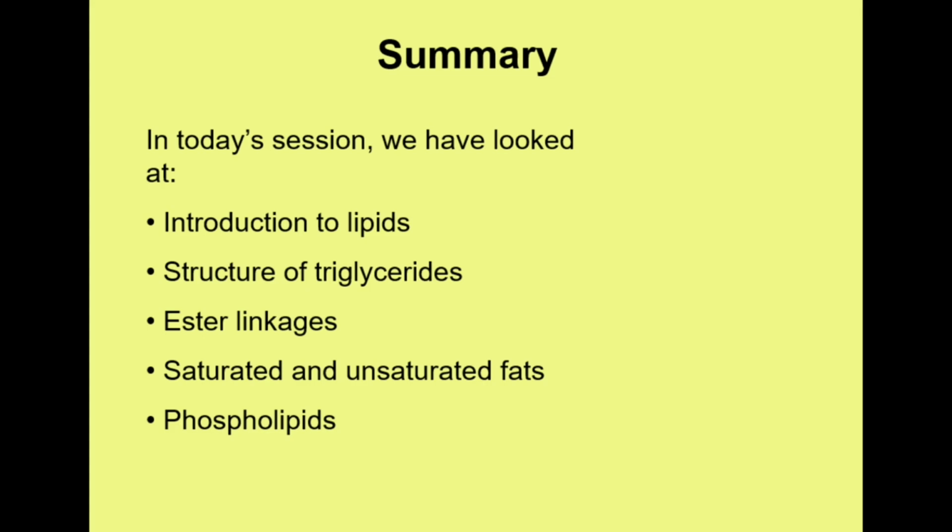And then we went on to look at saturated and unsaturated fats, the difference being whether or not we have double carbon bonds in the fatty acid chains. And then we finished off by having a quick look at phospholipids and how their structure differs from triglycerides, and also a little bit on why we believe that they enabled the formation of life by producing those early proto cells.